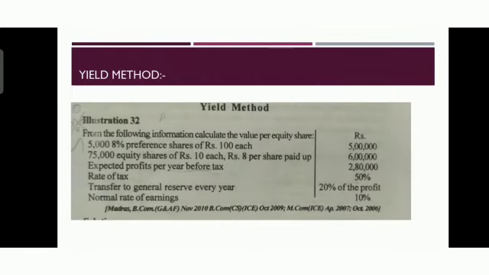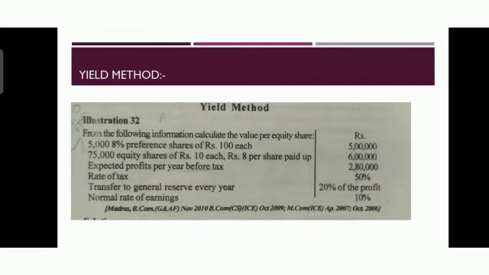First, we want to learn the question. From the following information, calculate the value of the equity share. Here we have 5,000 8% preference shares of 100 rupees each, so 5 lakhs. 75,000 equity shares of rupees 10 each, 8 rupees per share paid up, so 6 lakhs.